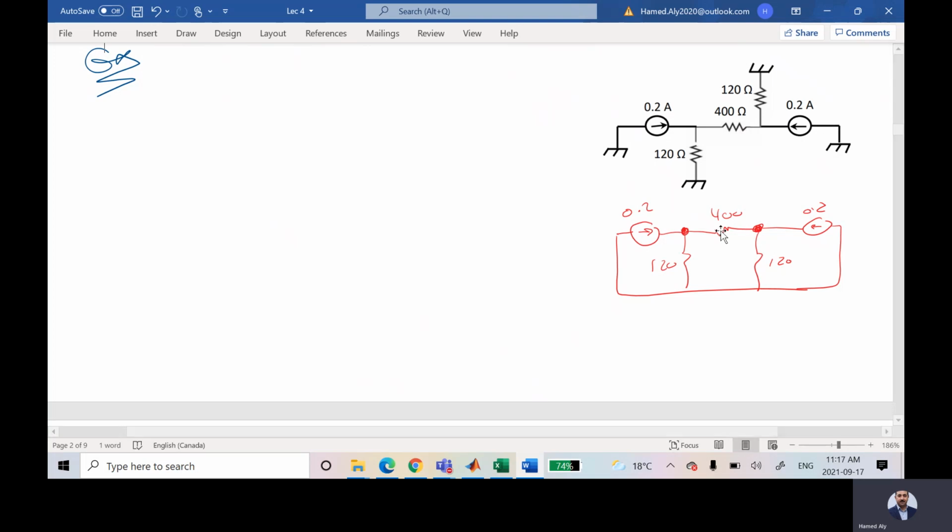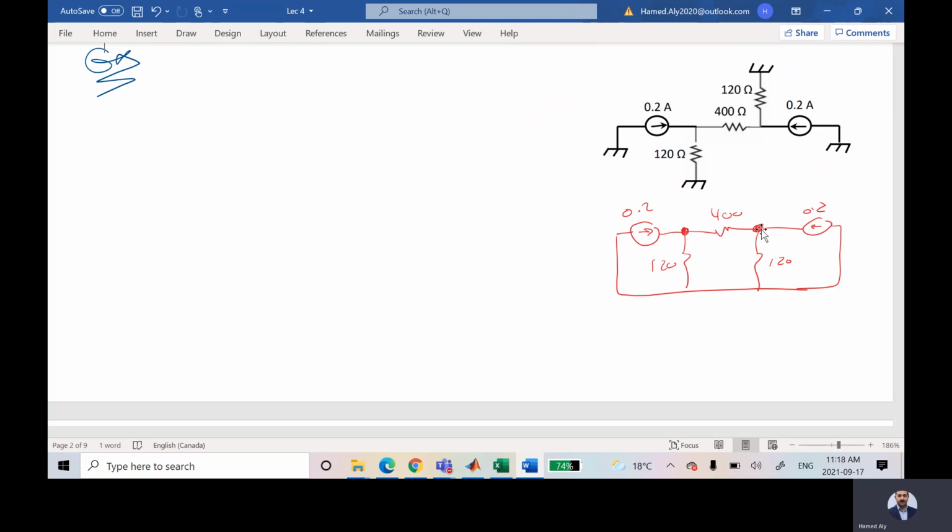Because I have the same voltage, the current in any branch is equal to this voltage minus this voltage divided by this resistance, or the voltage difference. So here, I don't have a voltage difference between these 2 points. That's why I don't need to do extra calculation.